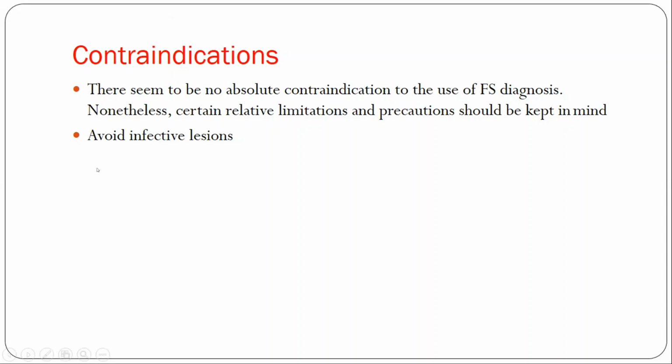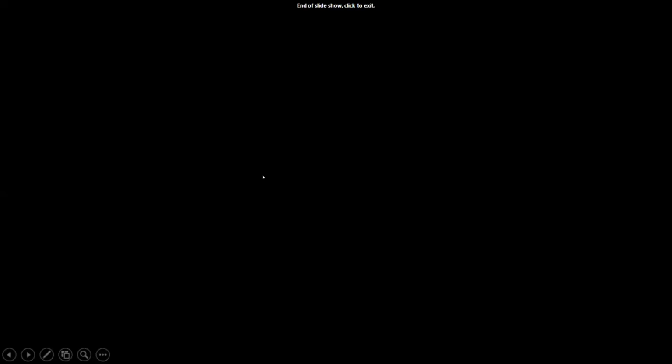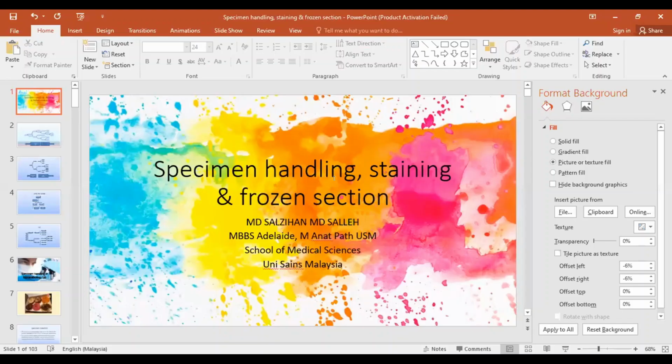That's why I will always reject if your differential diagnosis includes infection. I would never do it. I would just advise you to put it in formalin so that we can analyze it using the routine investigation. So in a very short period of time, I hope I was able to shed some light for you all.